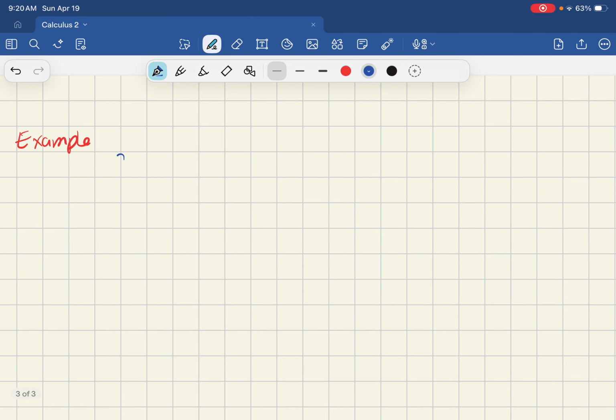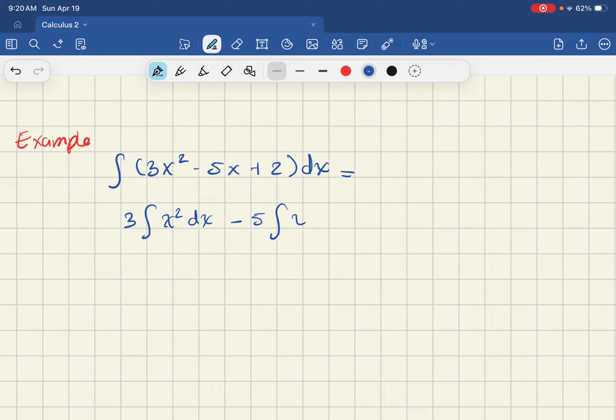In this example, we'll say that the integral of 3x squared minus 5x plus 2 dx is equal to, so I can pull out the constant for the first one, 3 times the integral of x squared dx, minus 5 times the integral of x dx, plus the integral of 2 dx. So what is this equal to?